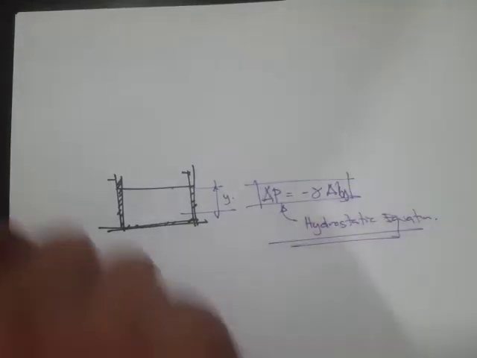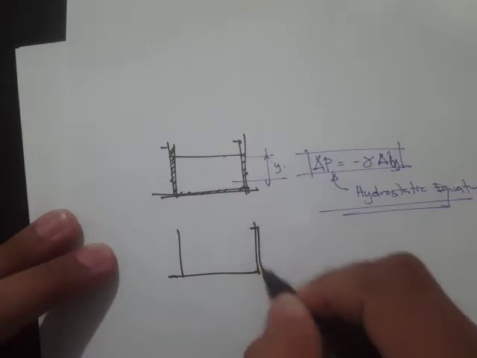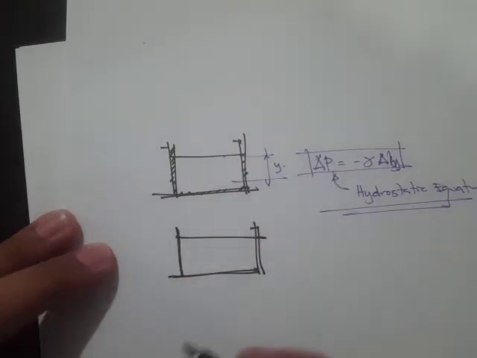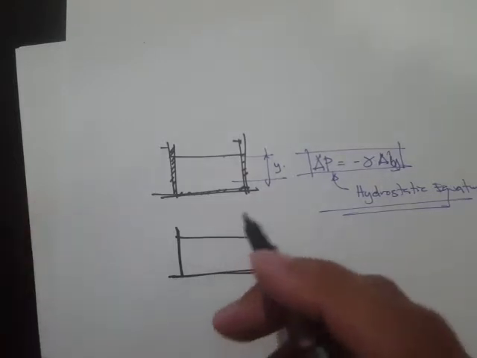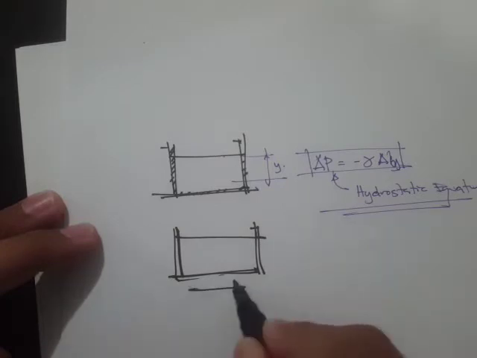Now what will happen if we have the same static fluid? Static fluid in the sense that it is in equilibrium with respect to this container, but the container is in acceleration.